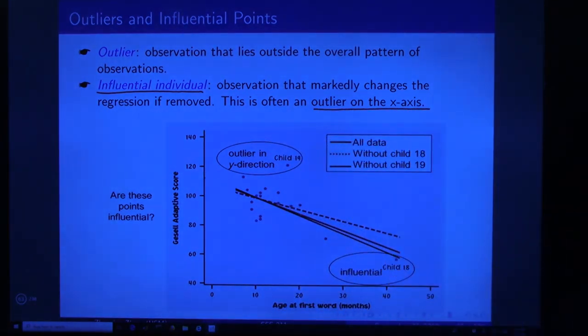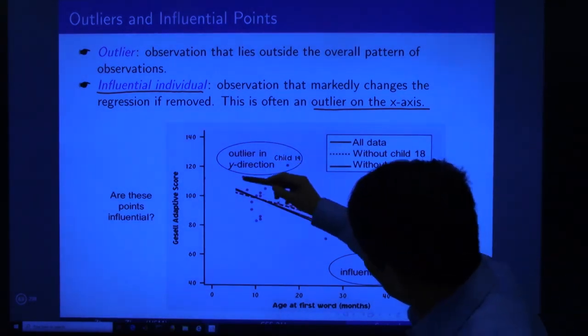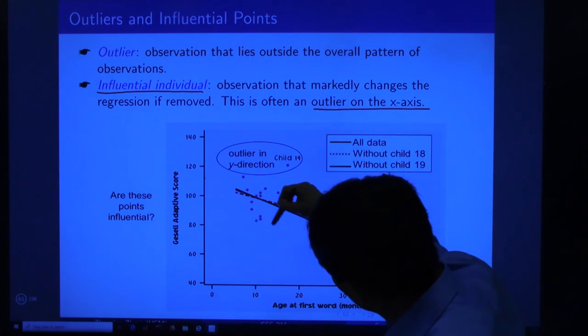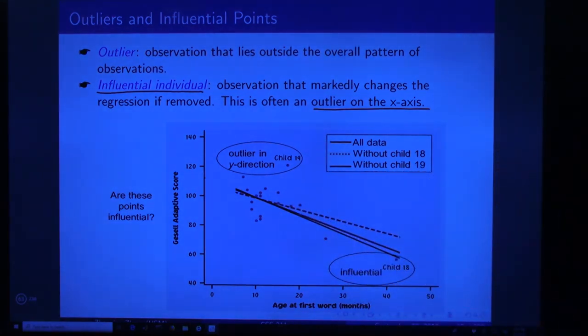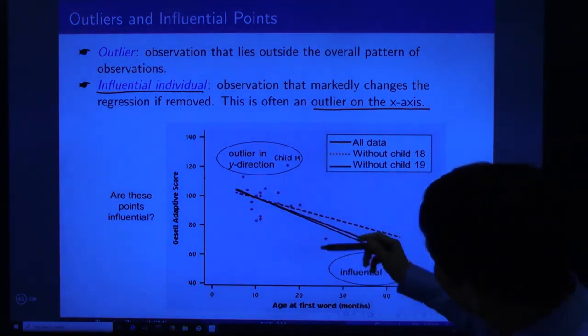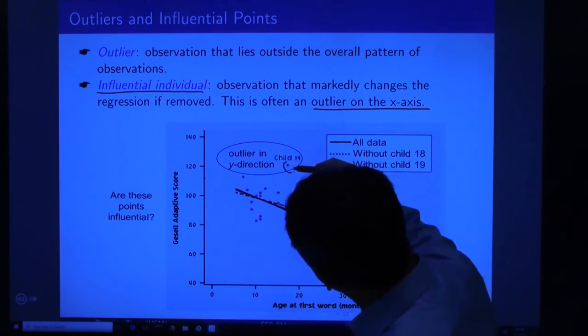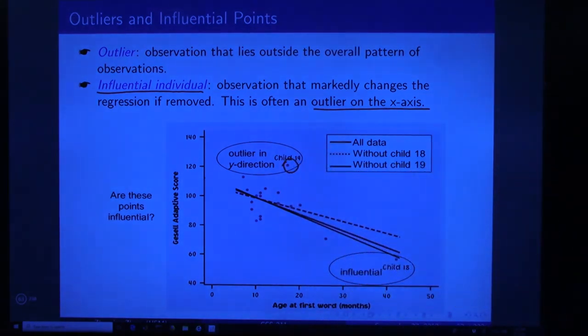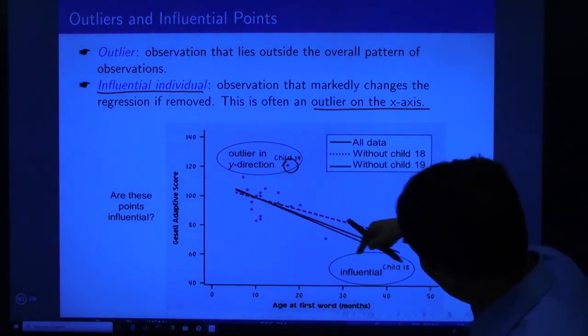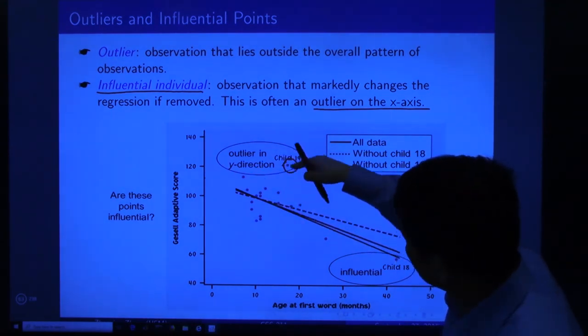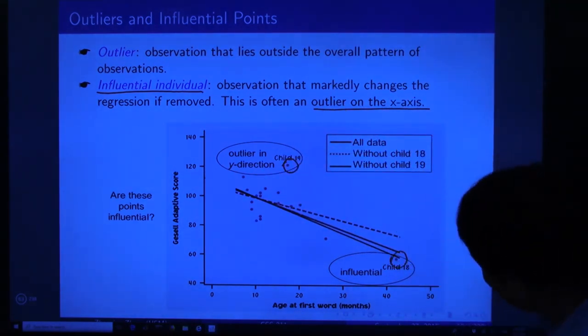Here is an example. We use this example to show the meaning of an influential individual. The data set is given in this scatter plot, and it looks like this one here is an outlier, outside the form, which looks like a linear form. This one is outside, and this one maybe.